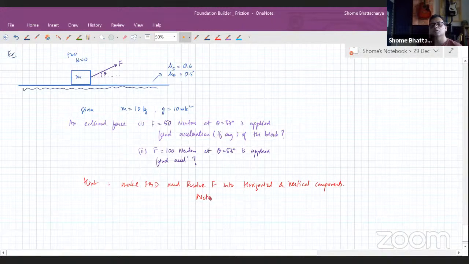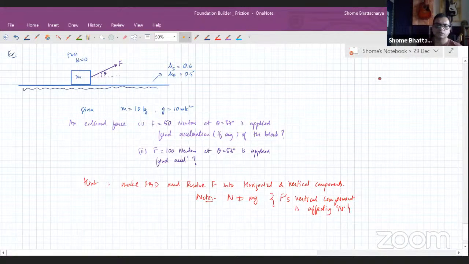Note that here normal reaction is not equal to mg because F's vertical component also acts. So it affects the value of normal reaction. So just take that as a hint while solving this question and try this out.